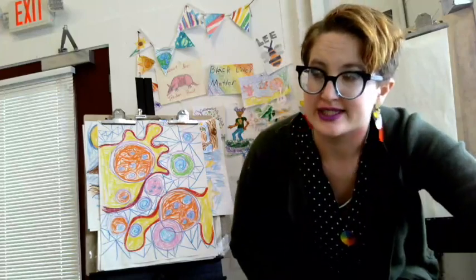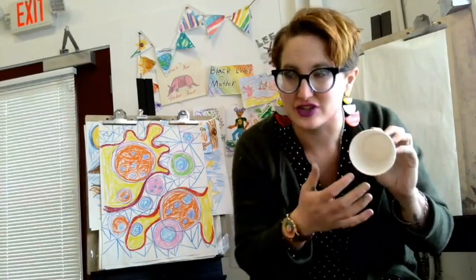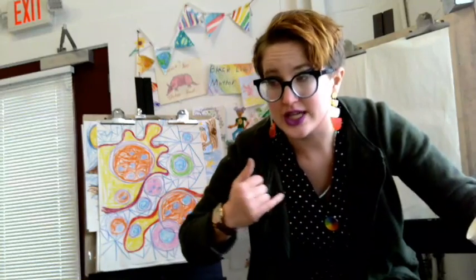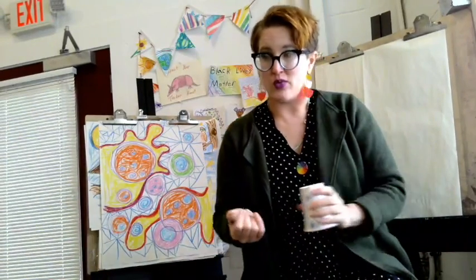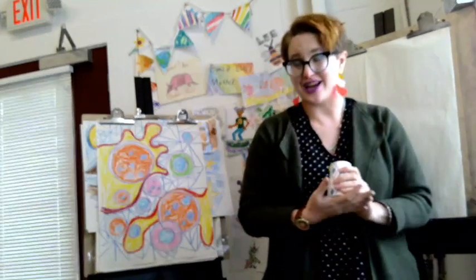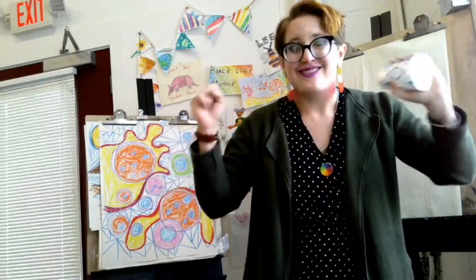You can trace something. You could overlap the circles and put circles inside of circles inside of circles. That is up to you where you arrange your circles. Then, after that, you're going to transform it into the most amazing work of abstract art you can think of.